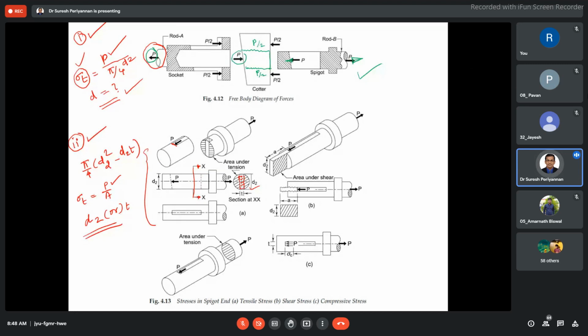Now the third case. Here the diameter of the spigot, or inner diameter of the socket D2, can be determined.